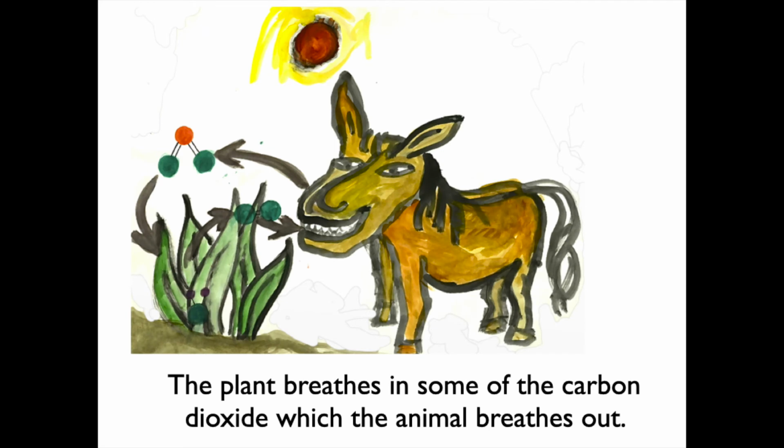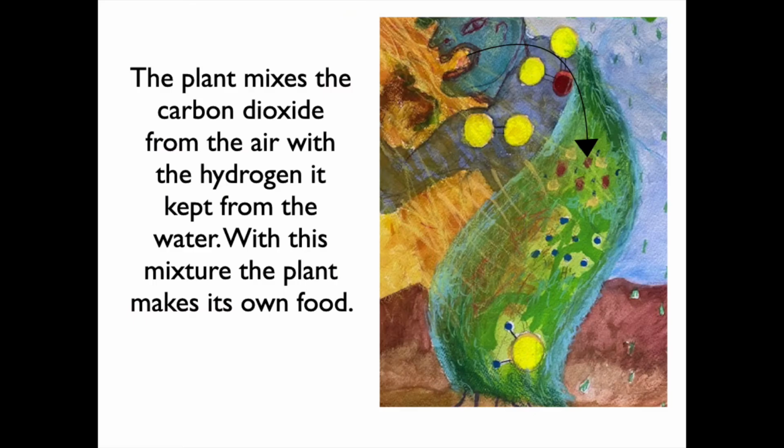The plant breathes in some of the carbon dioxide which the animal breathes out. The plant mixes the carbon dioxide from the air with the hydrogen it kept from the water. With this mixture, the plant makes its own food.